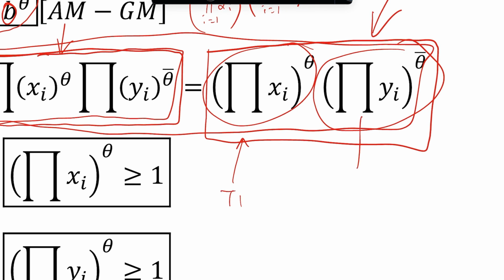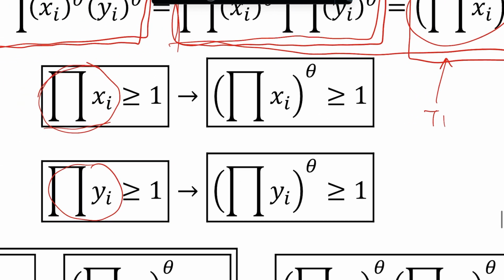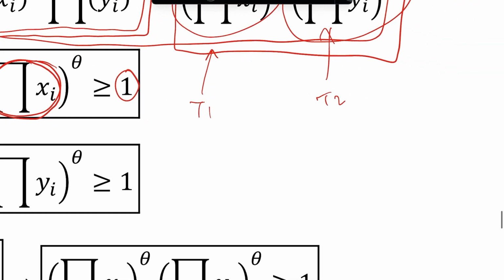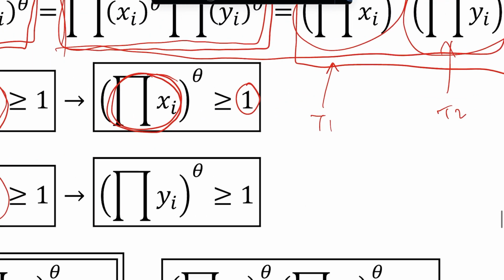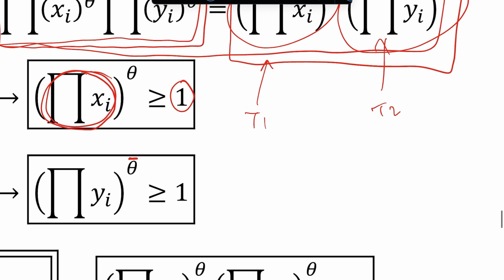So let's look at this as term 1 and this as term 2. And since some term is greater than or equal to 1, this will be greater than or equal to 1. And this is actually a very interesting step. Anyway, this is so annoying. That should have been like this, right? Excuse me for the typos.